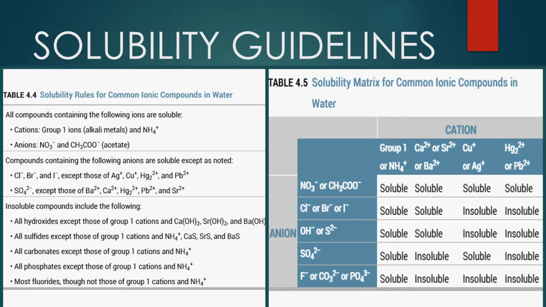So if that's paired with something that's insoluble, it's going to be soluble because you go by the group 1 ions and ammonium, which are soluble cations. I hope that makes sense. Phosphates are also insoluble unless, of course, they're with group 1 ions or ammonium, and most fluorides are insoluble, unless they're with group 1 cations or ammonium.